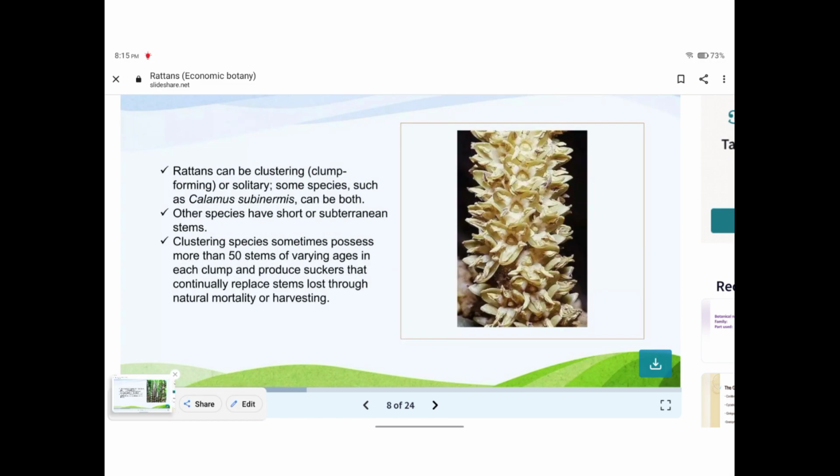These are Rattans. They generally form clusters. You can see the flowers are making clusters here and there.